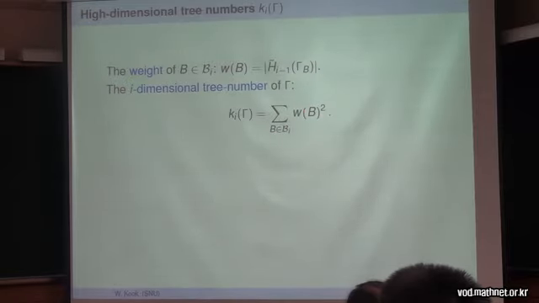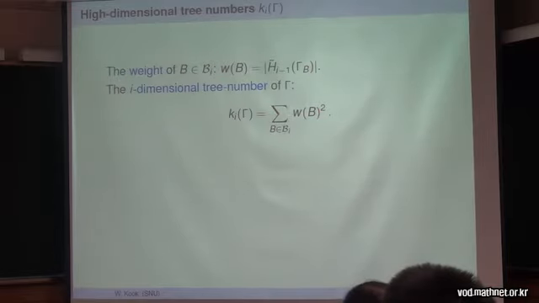Then that at least takes care of the differences between the different spanning trees and the different characteristics of the spanning trees in I dimension. So for the general I-dimensional tree numbers, we always use the weighted counting. And there's another reason why we want to do weighted counting, as we'll see in a minute.